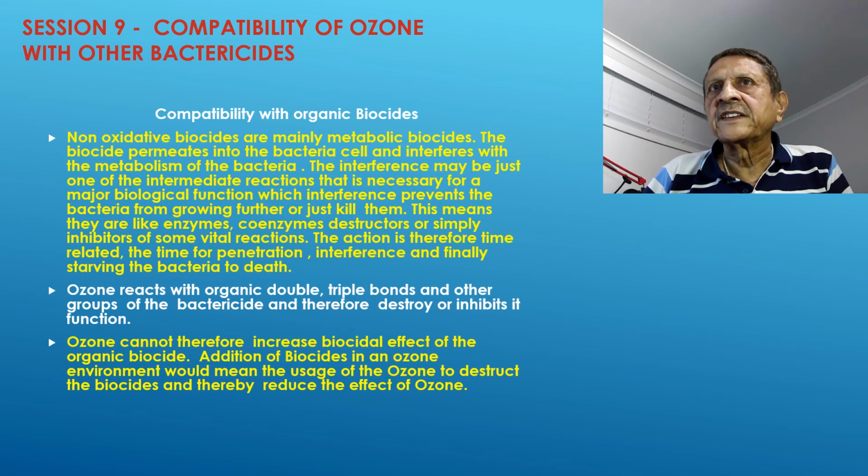The interference may just be one of the intermediate reactions that is necessary for a major biological function of the bacteria, which prevents the bacteria from growing further or kills them. This means they are like enzyme or coenzyme destructors, or simply inhibitors of some vital reactions. The action is therefore time-related, the time for penetration, interference, and finally starving the bacteria to death.